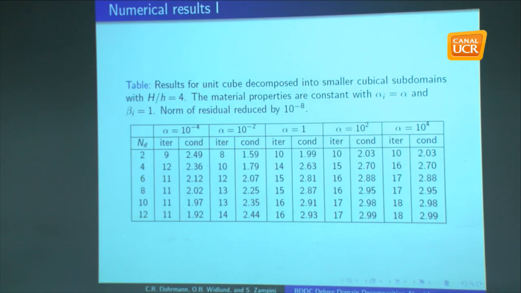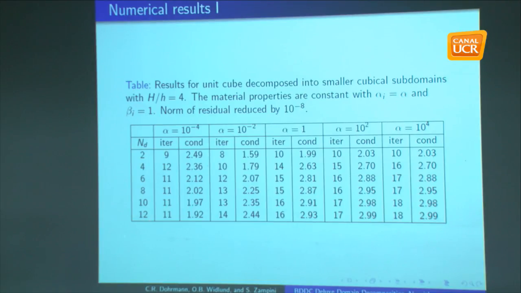So here is an example of BDDC Deluxe in action. So we have constant alpha, beta is the same everywhere. Constant alpha, this is the number of subdomains across. So for example, here we have 12 to the power 3 subdomains. These are relatively small problems.